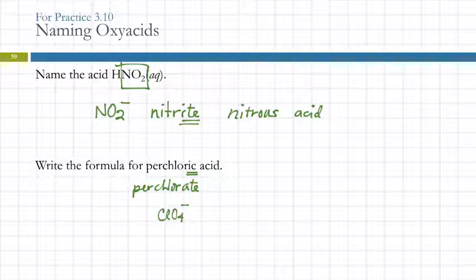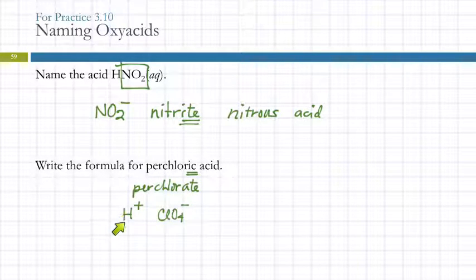What charge does hydrogen have as a positive ion? What group is it in? It's in group 1A. It does form a +1 ion. So perchloric acid comes apart or forms these ions when it's put into water.